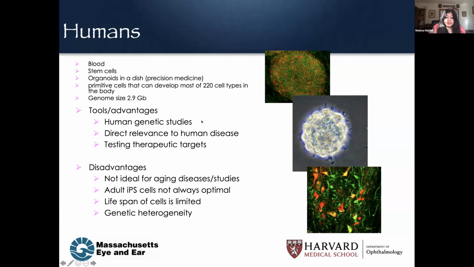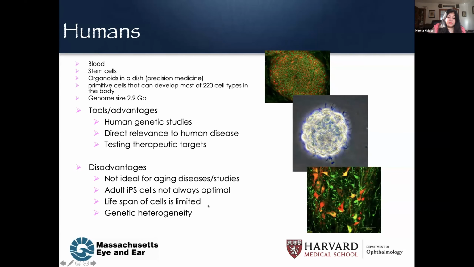Of course, it is directly relevant to human disease, and I think his focus will probably be the testing of therapeutic targets, which is very exciting to have these organoids. In addition, use precision medicine-based technologies to harness what we can from human cells, and there's actually a great advantage to using these human cells in some cases where you don't have a model available to test.